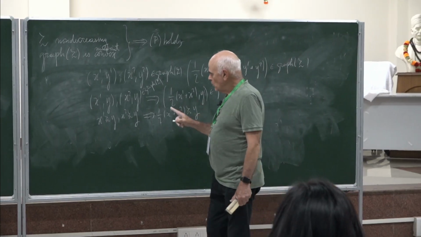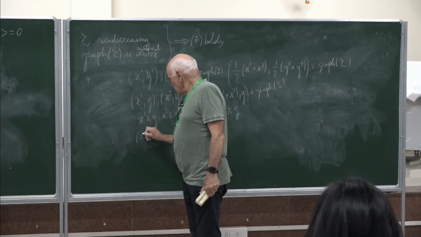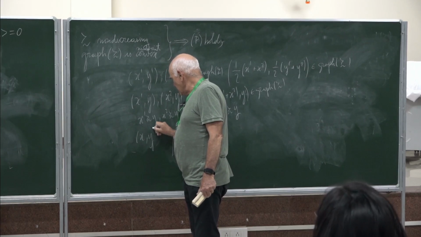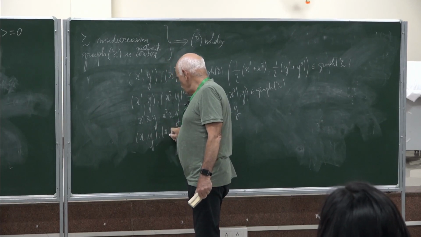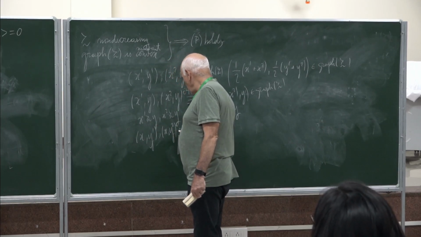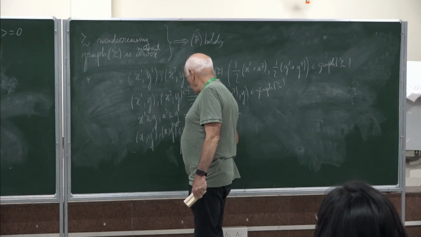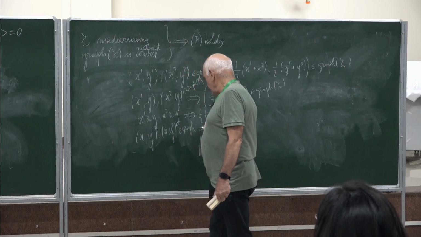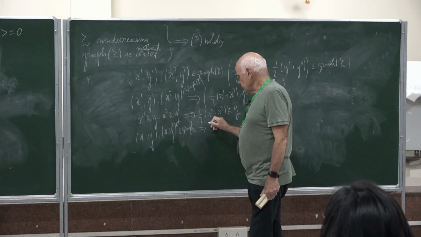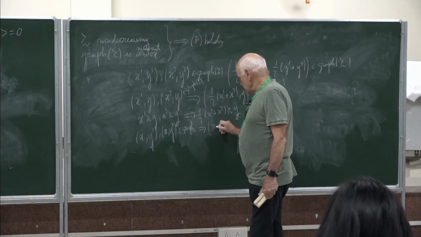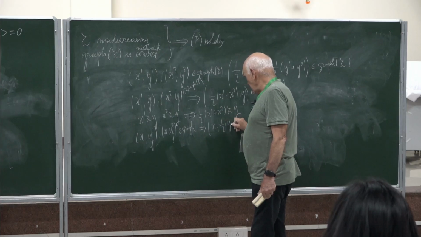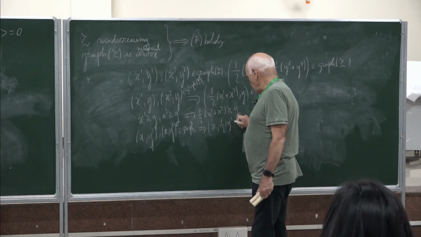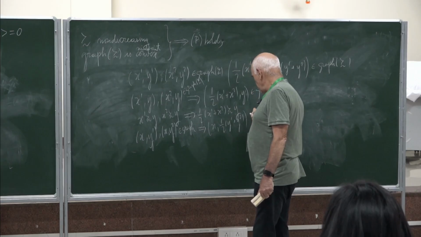But in the same way, you are assuming that if you have (x, y1) and (x, y2) in the graph, then (x, 1/2 (y1 plus y2)) is in the graph.